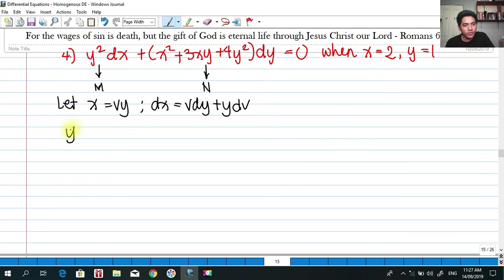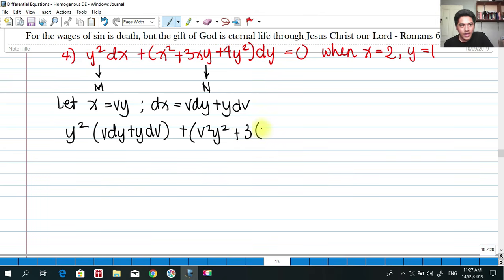We have y squared, our dx should be v dy plus y dv, plus x squared, v squared y squared, plus 3 times x, which is vy, multiplied by y, plus 4y squared dy is equal to 0. So what we did, again, we substitute this in our original homogeneous differential equation.